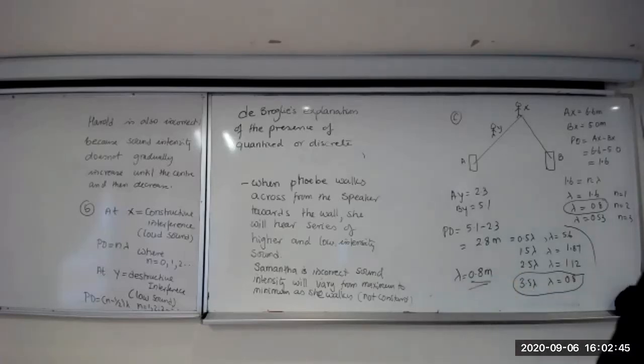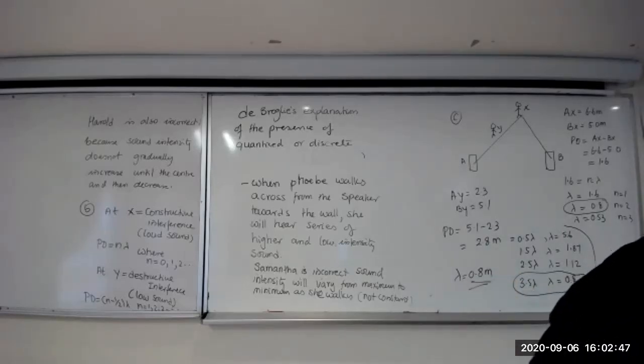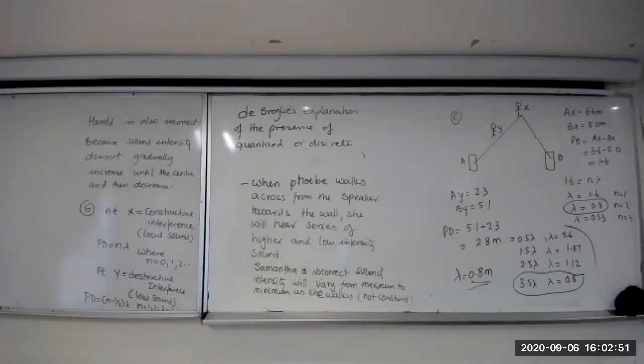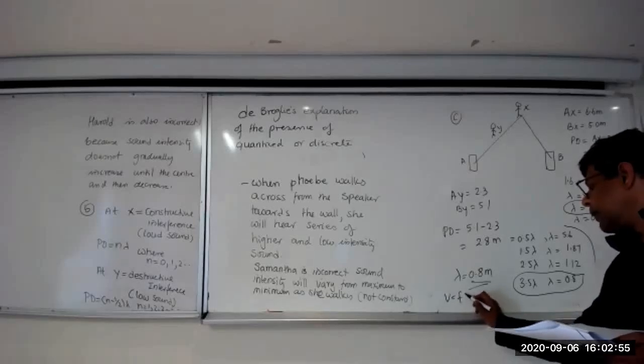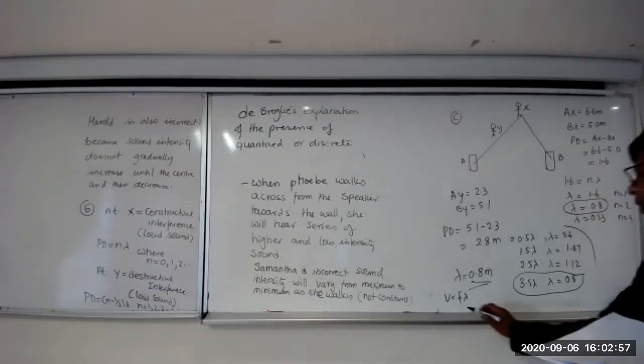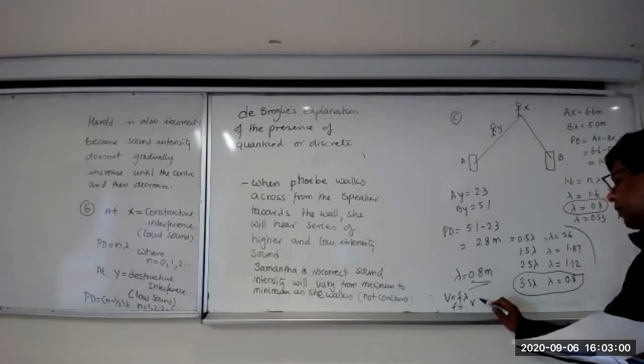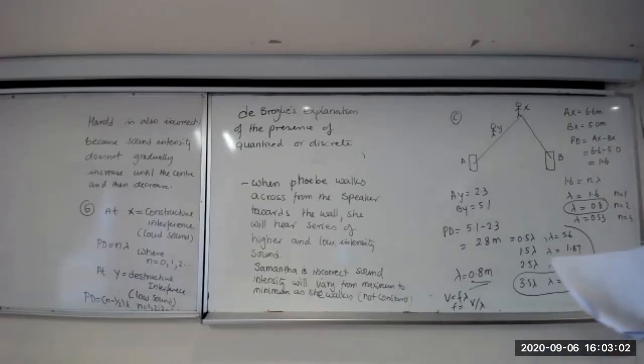They ask you to find the wavelength, right? No, they ask you to determine the smallest possible frequency that the signal generator is emitting through the speakers, and then you use v equals f lambda. Okay, your frequency. Get that. Because all the other ones did not give any match here.